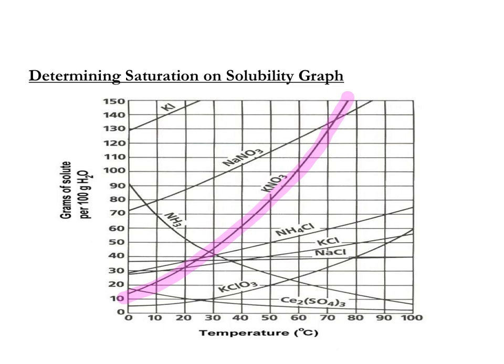So I'm going to find my temperature, 30 degrees, 60 grams, and figure out where those intersect. So here is their intersection point. Here is my line. This point of intersection is above my line, which means this is supersaturated.